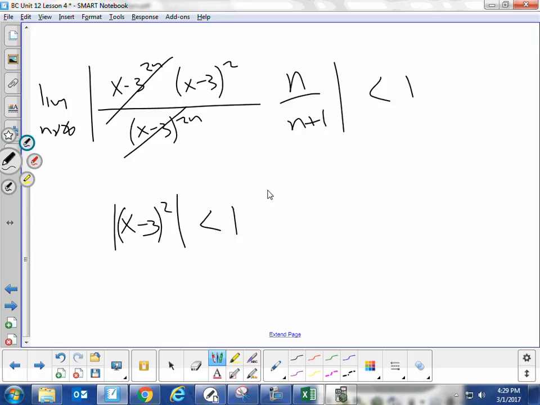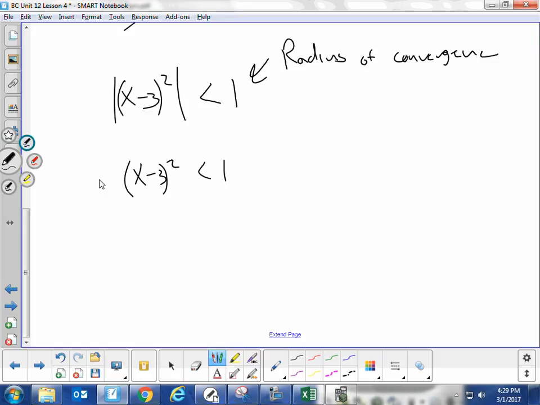My radius of convergence appears to be 1. All right, so that means (x minus 3) squared has to be between 1 and -1. So in this situation, I'm sorry, I know what to do. We know that (x minus 3) squared is always going to be positive. We would not include this.